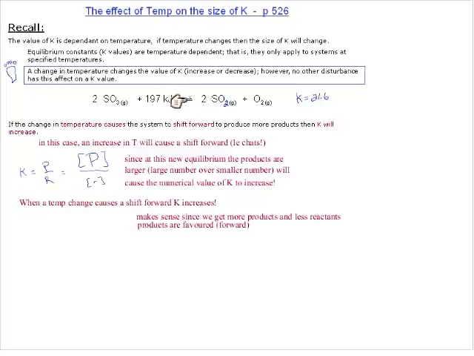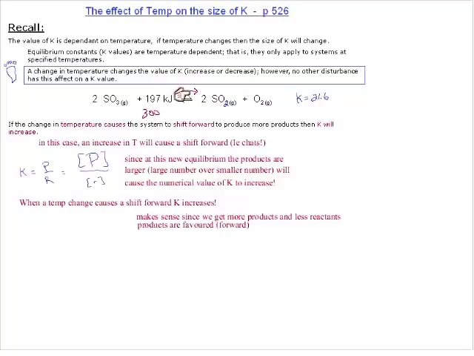In order to do that, we're going to increase the temperature. So let's say we increase the energy to, say, 300 kilojoules of energy. Le Chatelier's principle says that this reaction should shift forward to get rid of that excess energy.